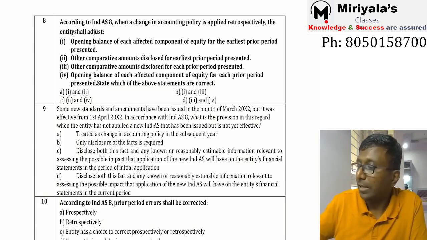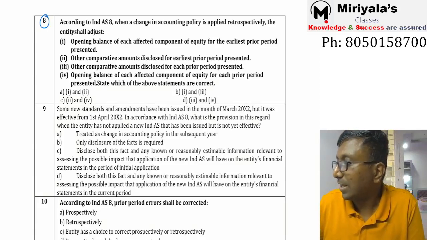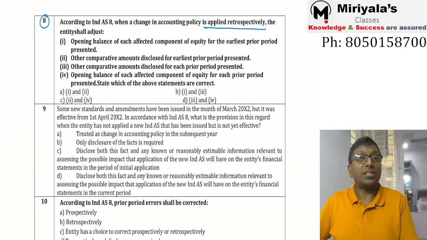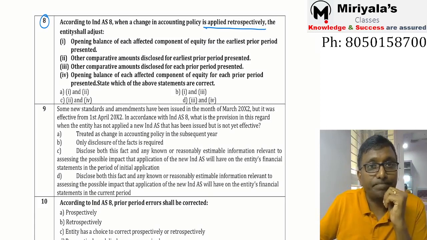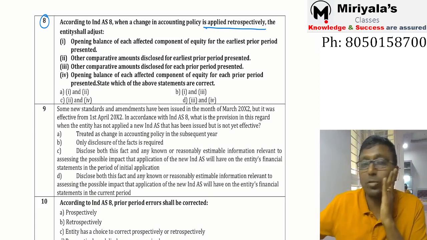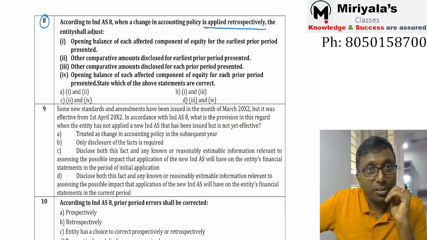Okay, right. Next bit, let's have a look. According to Ind AS 8, when a change in accounting policy is applied retrospectively, the entity shall adjust. Tell me, retrospectively, what are we supposed to adjust? Read through. Opening balance of each affected component of equity for the earliest prior period presented.